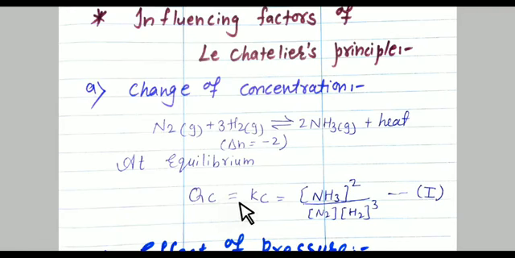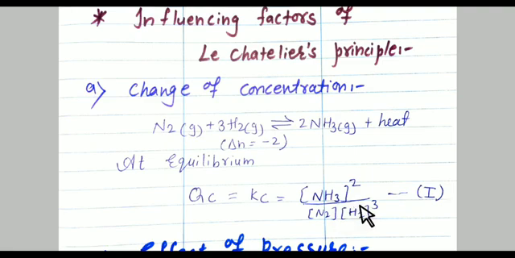The formula is the concentration of product squared upon the concentration of reactants: the concentration of NH3 raised to 2, over the concentration of N2 times the concentration of H2 raised to 3.